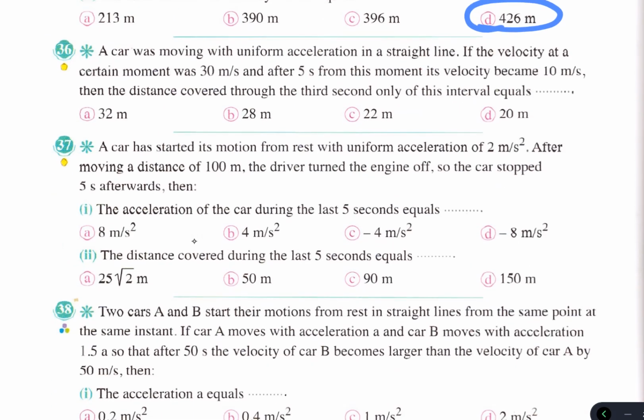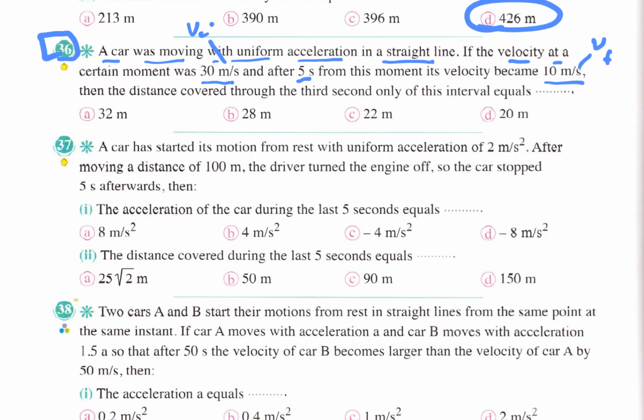Let's go to number 36. A car was moving with uniform acceleration in a straight line. If the velocity at a certain moment was 30 meters per second, and after 5 seconds from this moment the velocity became 10 meters per second, so this is V initial and this is V final. And we have the time, so we can get the uniform acceleration.